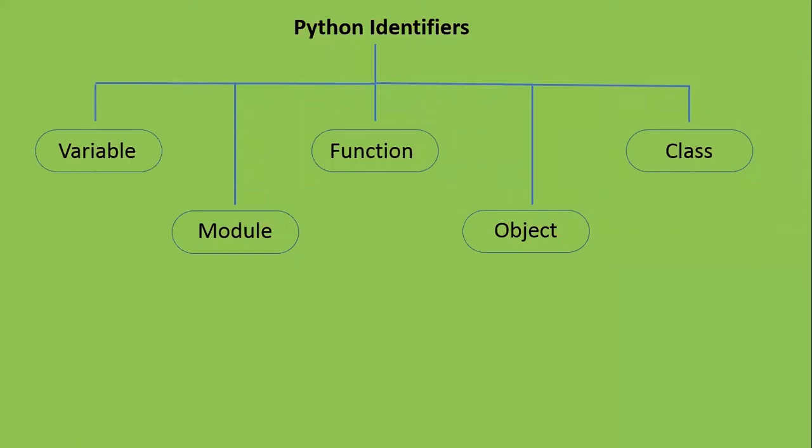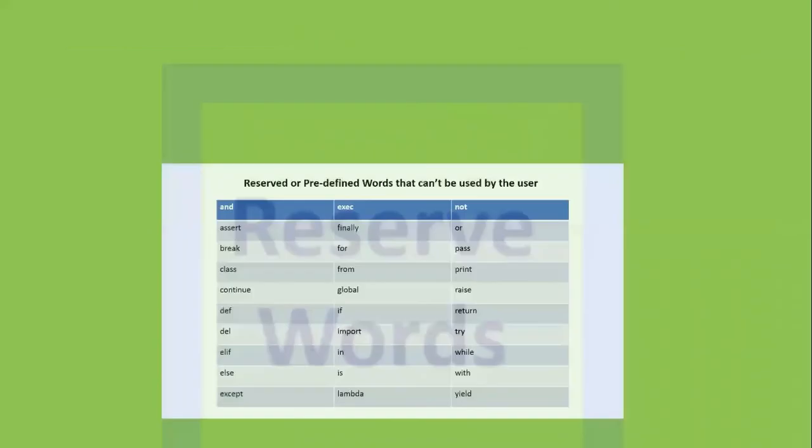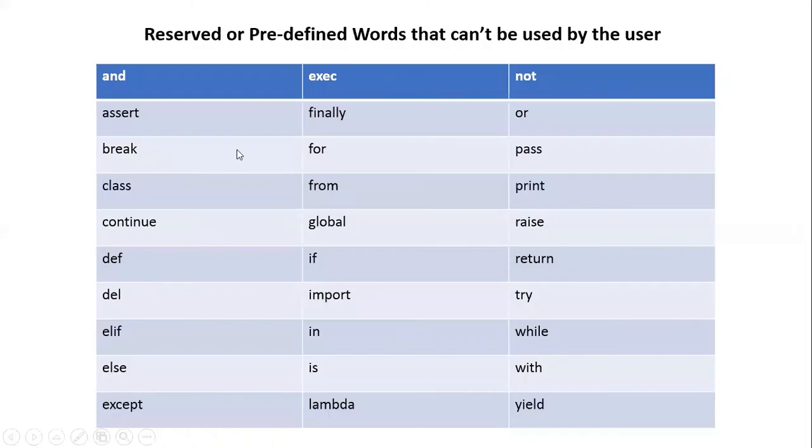Now, there is one more thing you have to keep in mind, which is reserved words. As you saw, when we were adding two numbers, we just wrote the variables as A or B or C. But there are certain words that the user can't give to Python, because those words are already pre-installed in Python. So Python won't understand whether that thing came from a user or from an inbuilt function. For example, these words are like and, exec, not, assert, finally, or, break, for.